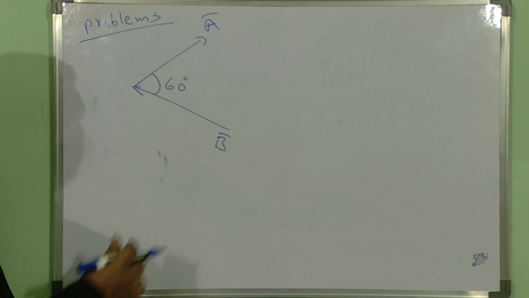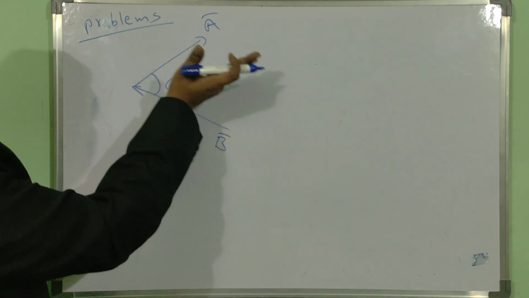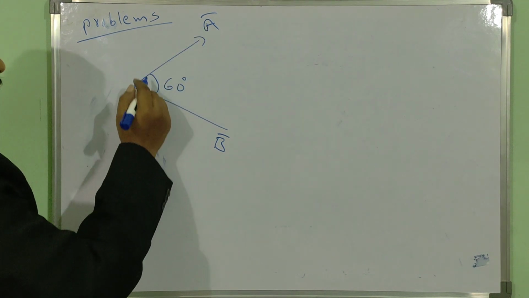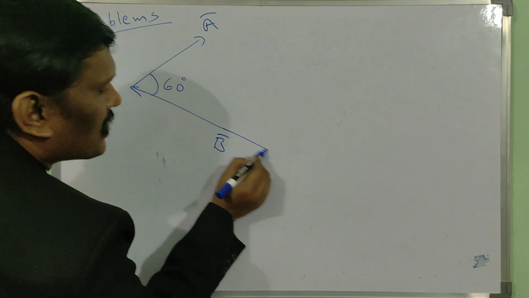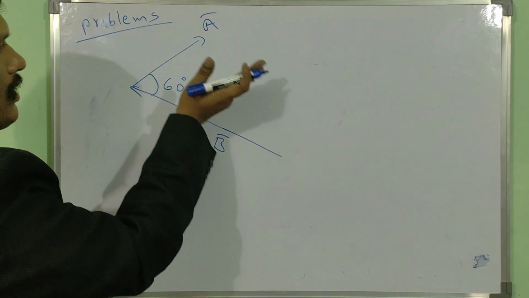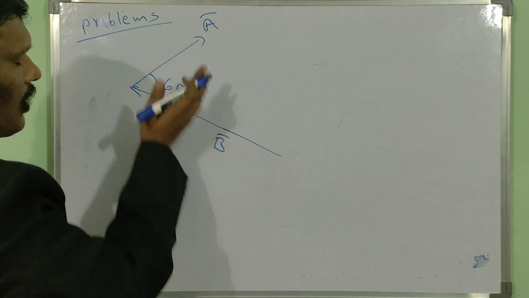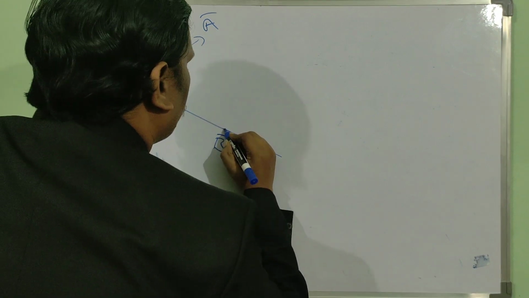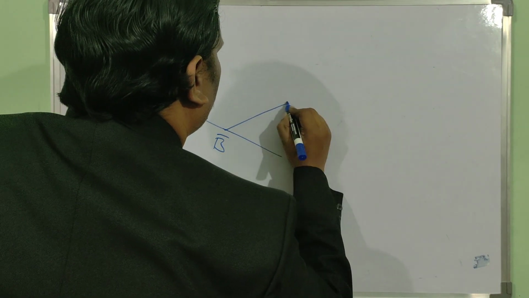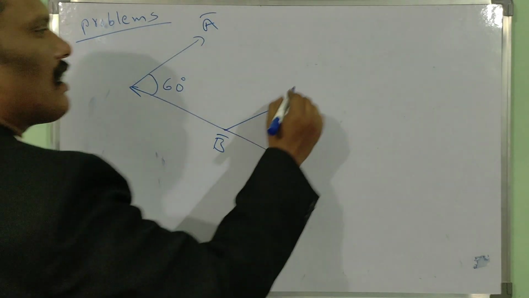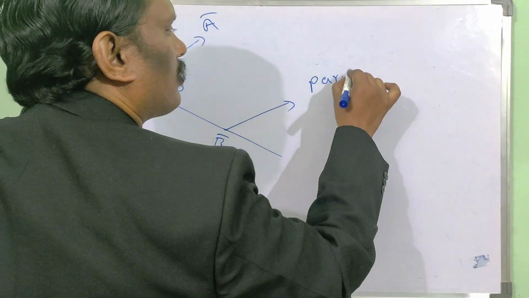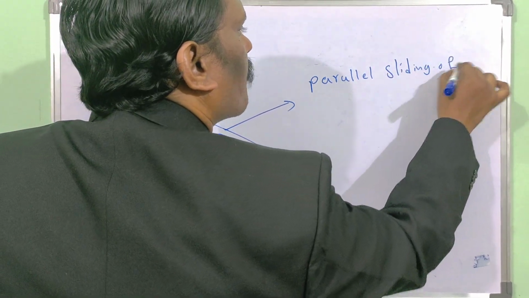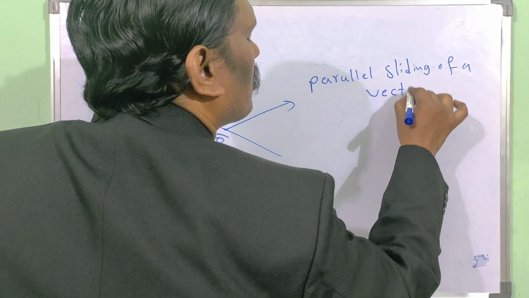I am going to slide this vector A bar from here to here without changing its angle. What is the angle given? 60 degrees. Just extend the line. Parallel sliding. What is the meaning of that?